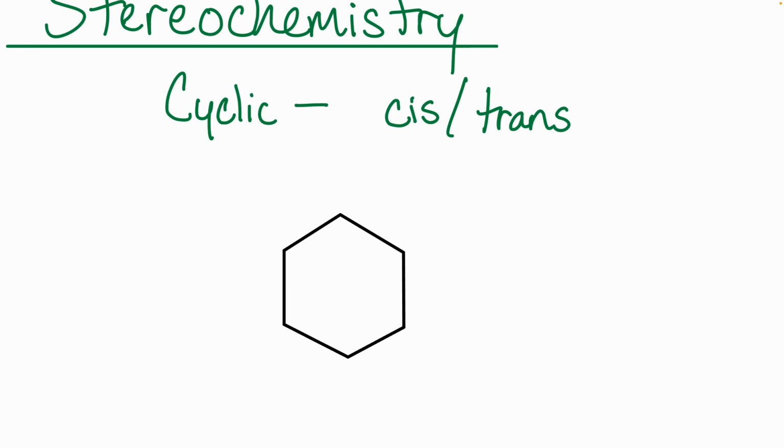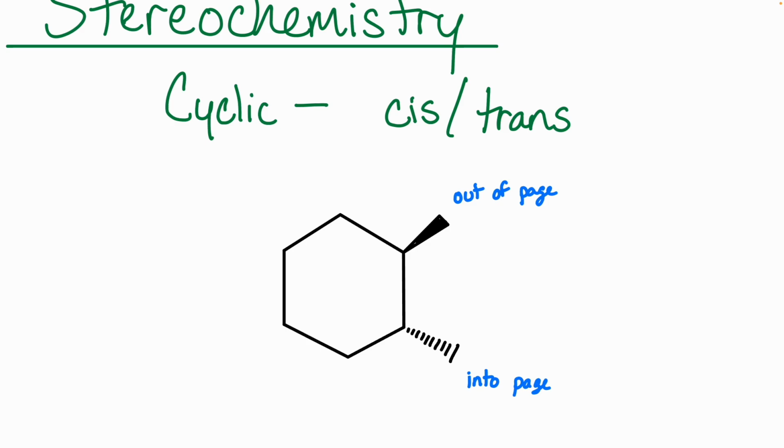For a bond that's pointed out of the page, we use these wedges. Again, this means it's pointing out of the page, i.e. it's pointed up at me, pointed out at you guys. And then we can also use these dashed bonds. These are pointing into the page.